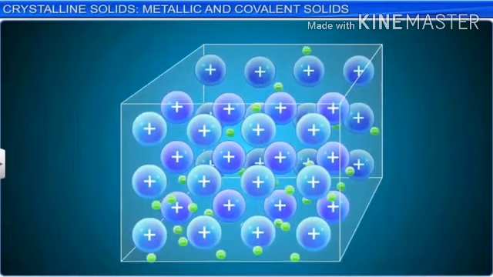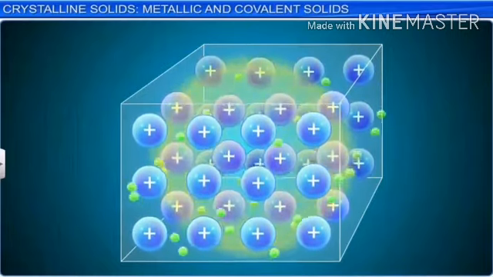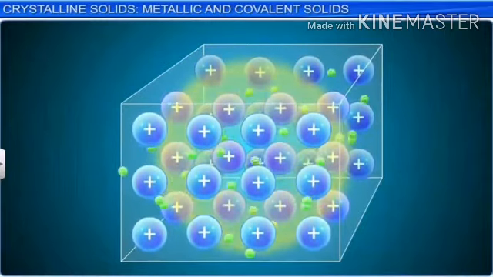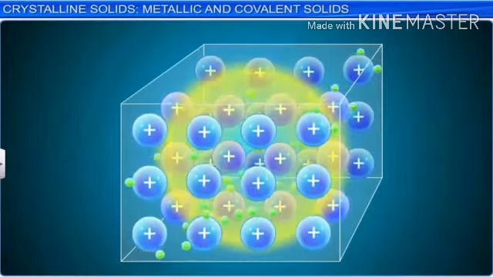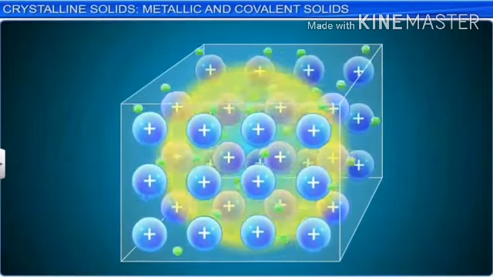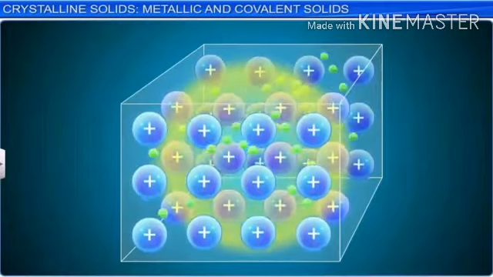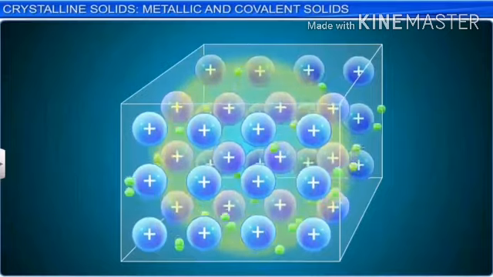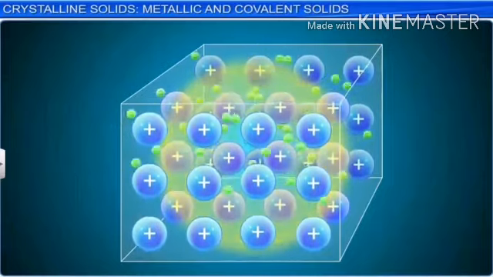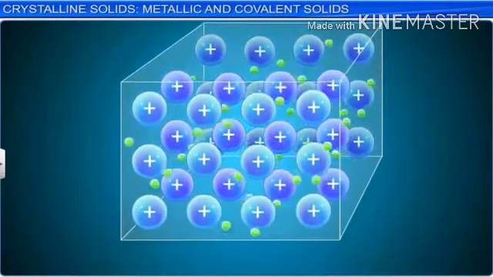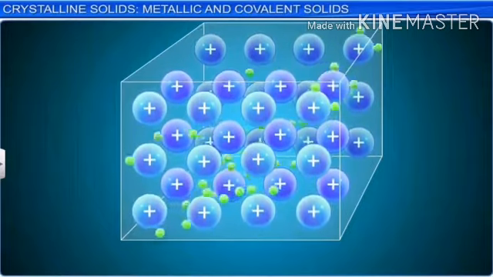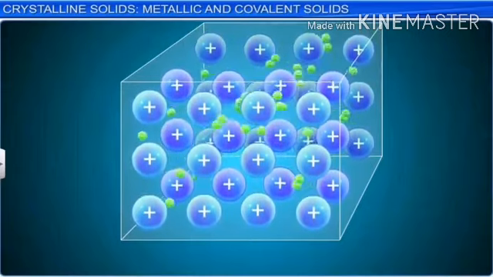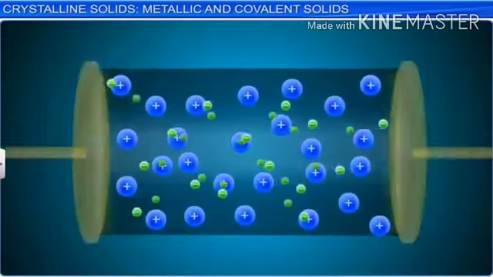Metallic bonding arises because of the electrostatic force of attraction between the positive ions and the negative electrons. These electrons are delocalized over the entire system. Thus, free and mobile electrons are responsible for the high electrical and thermal conductivity of metals.